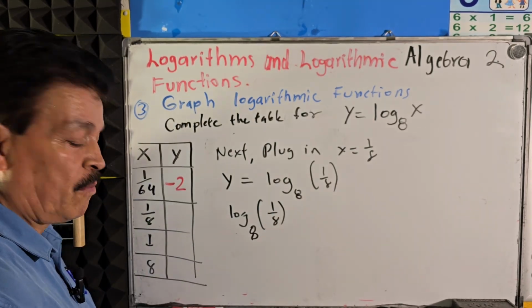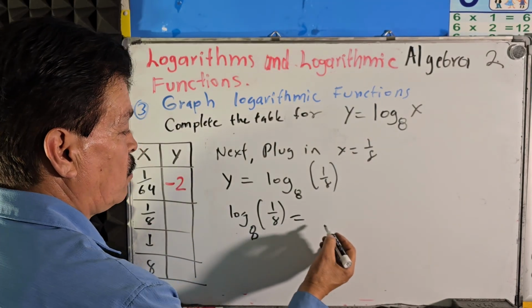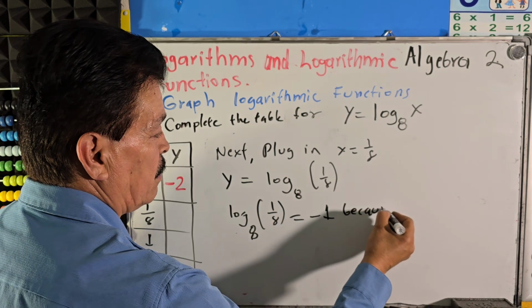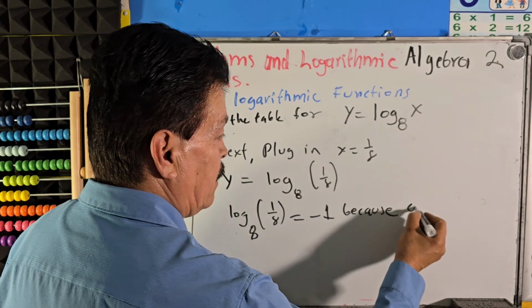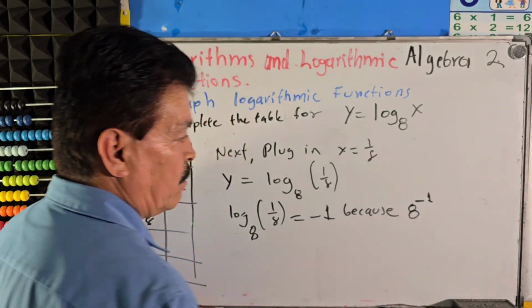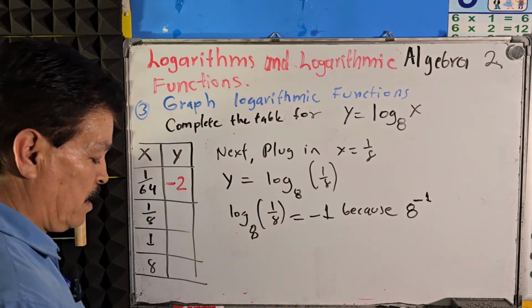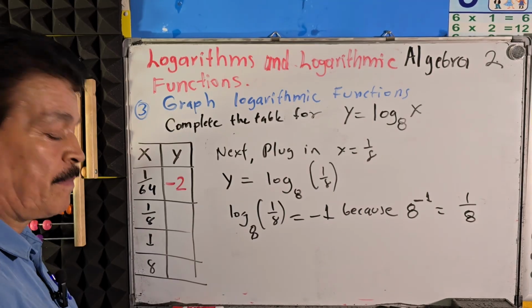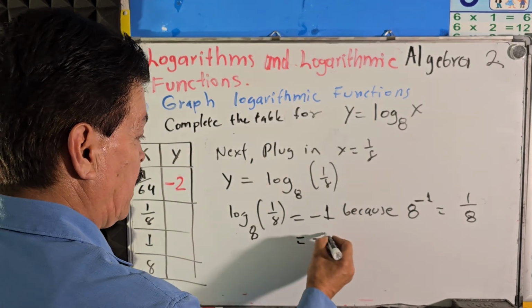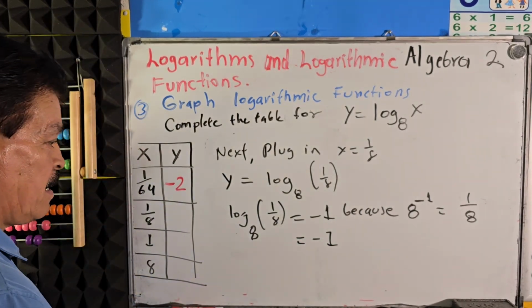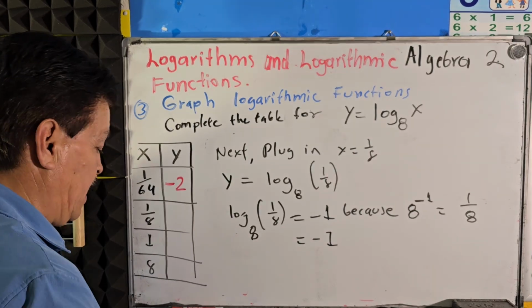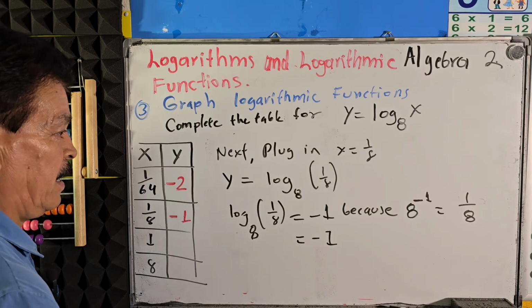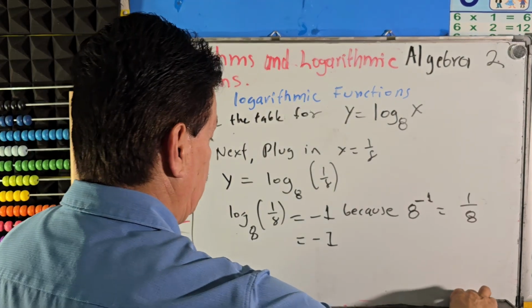Let's write everything, no missing numbers. So what does it equal? It equals -1, because 8 to the -1 power equals 1/8. See, check it. So now this equals -1. Okay, so then we have -1 right here. All right. So that's ready.